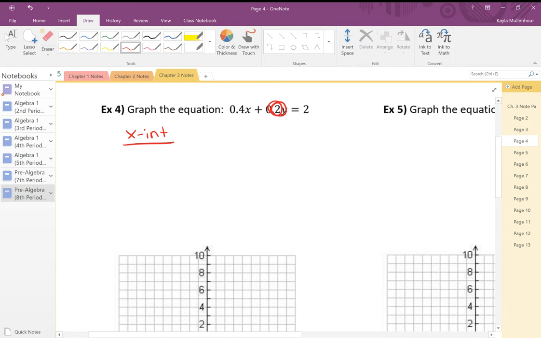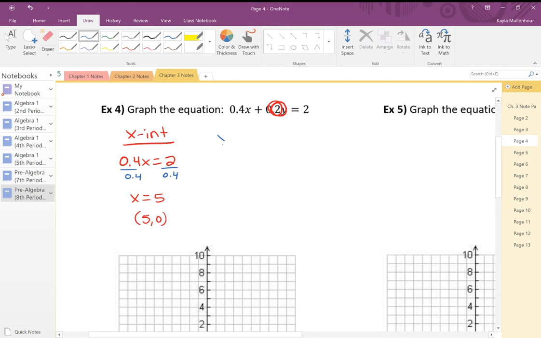So again, that term disappears, and you have 0.4x equals 2. To solve for x, you're dividing both sides by 0.4. 2 divided by 0.4 is 5. So your x-intercept is 5. Again, that's the point (5, 0).